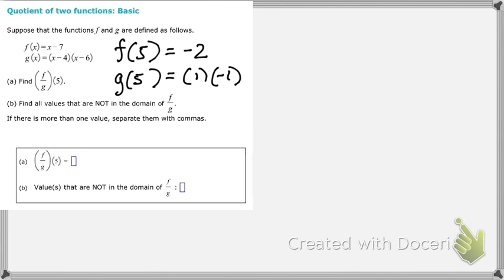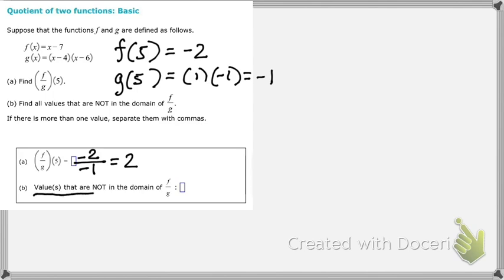So I've got 1 times negative 1 is negative 1. And then I'm going to do f divided by g, f of 5 divided by g of 5. And I can just go down here and put that in, right? So I'm going to have negative 2, that's f of 5, over negative 1, that's g of 5. And that equals 2. All right, and then we have the other way that you could have done that, and you're free to do that as well.